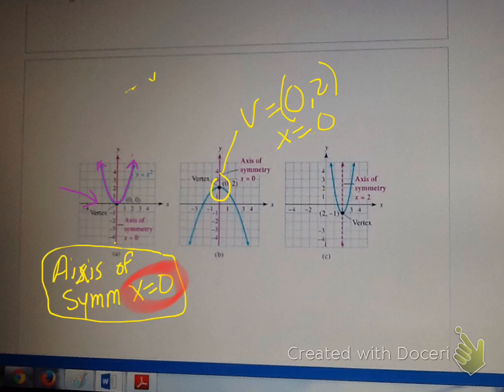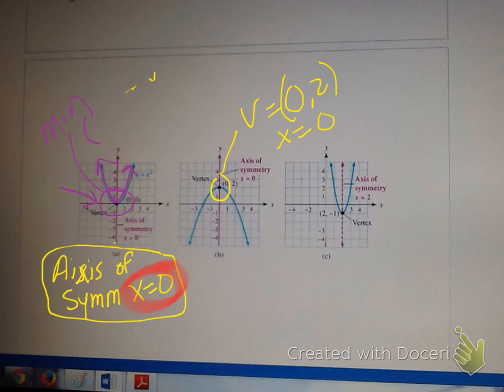So if you look at this line, as you're coming down, at this point, this is the lowest point in the parabola, and then it starts going back up, right? So this right here is called a minimum. And that minimum is the lowest point that you see in there.